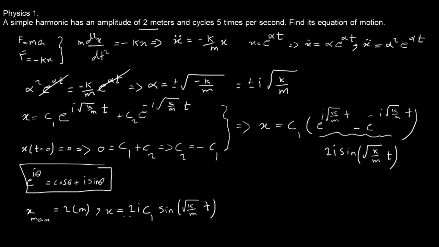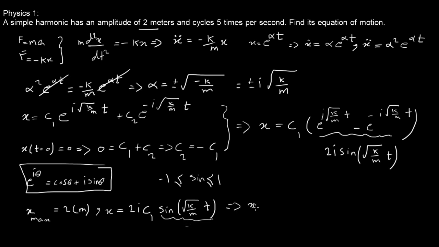So now x max is when sine is equal to 1, because sine is smaller or equal to 1, larger or equal to minus 1. So that's the range of sine. So the maximum is 1. So let's put this equal to 1.